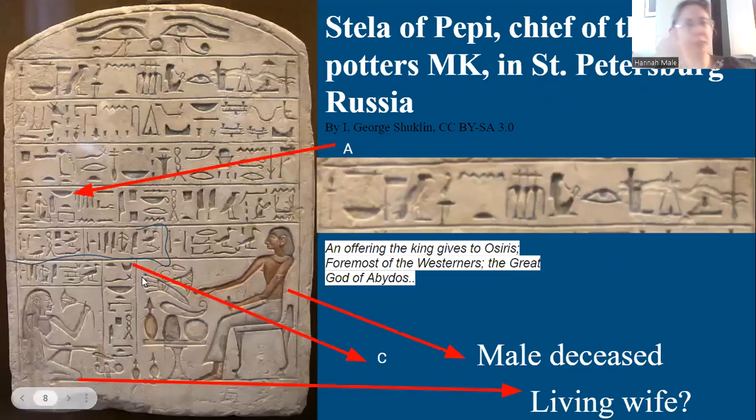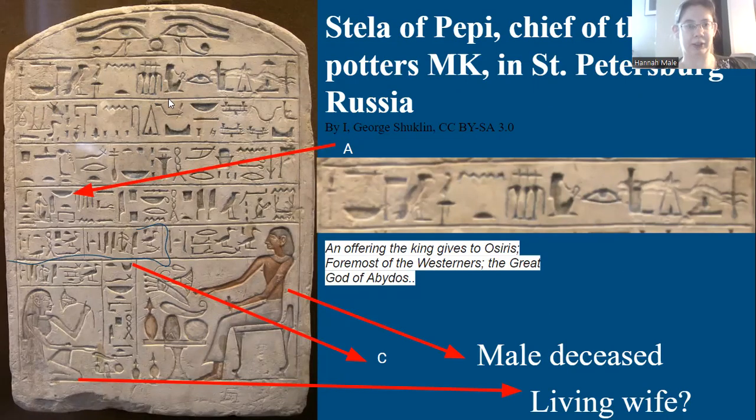This is another stele. This is from the Middle Kingdom, and it's from the Hermitage in Russia. So you see right on the first front part here, this is the stock part of the formula. So this is what you see repeated over and over on stelae.